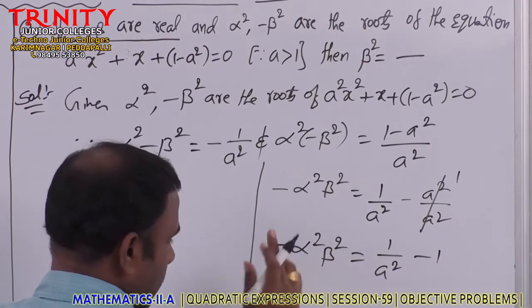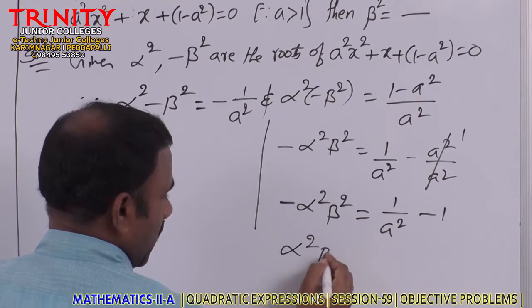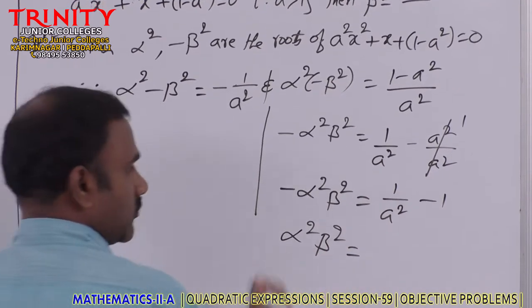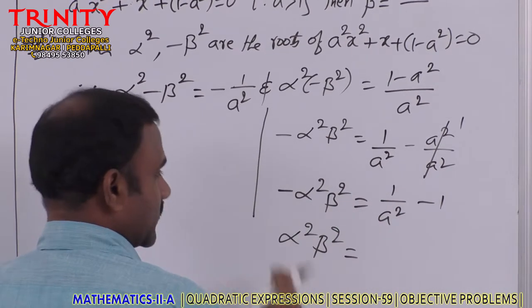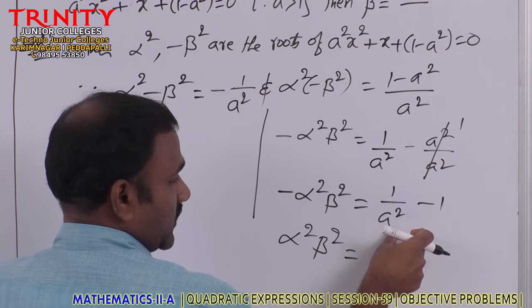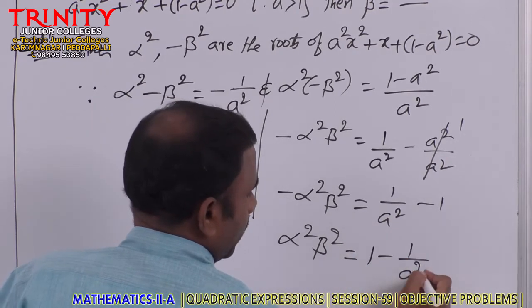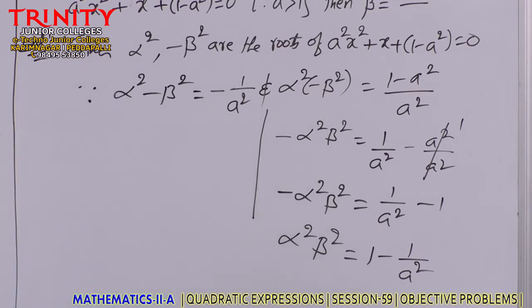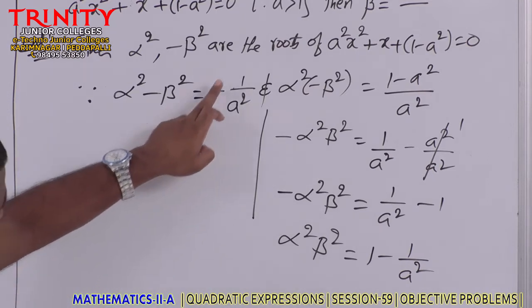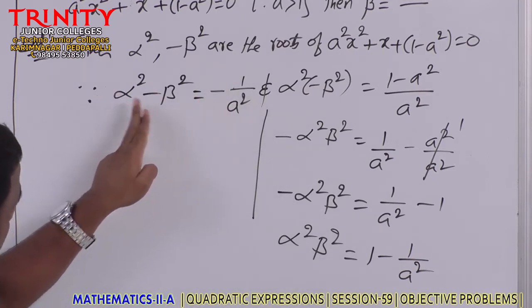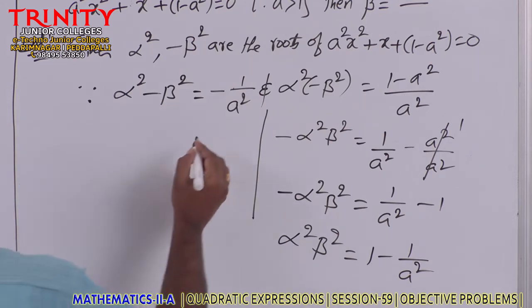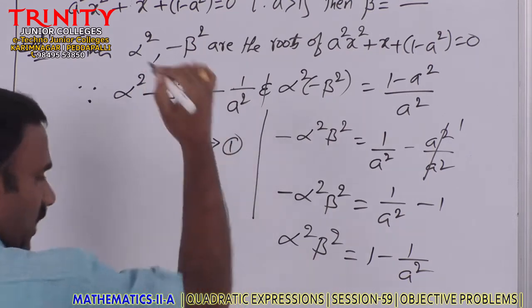Now remove this minus, alpha square beta square is equal to, if we remove the minus, then minus into this one, it becomes 1 minus 1 by a square. Here we have minus 1 by a square is equal to alpha square minus beta square is there. Take this one as equation number 1.